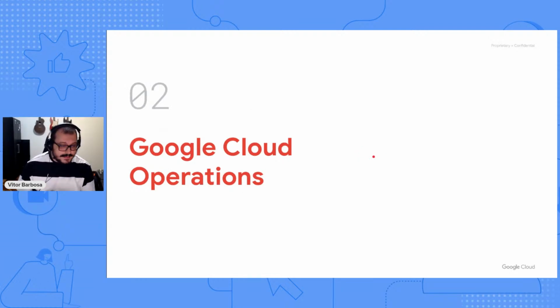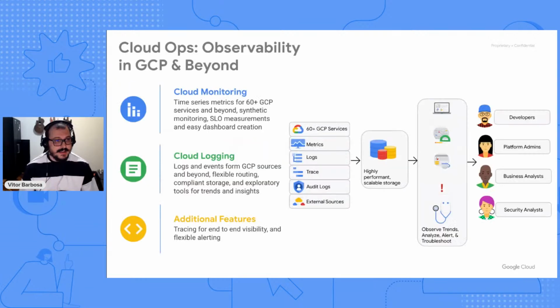And thinking about that, especially focused on Google Cloud, we have Google Cloud Operations, which is our stack for observability. So CloudOps is basically our observability solution for Google Cloud and beyond, because we can connect on-prem services and other clouds, but it's the solution for observability in Google Cloud ecosystems.